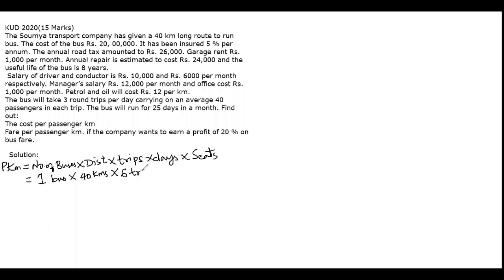That is, if it is 40 kilometers and it runs 3 times, it comes to 6 trips. I have explained it in my last problem. You can take it as 80 kilometers into 3 trips or 40 kilometers into 6 trips. Into number of days is 25 days, into seats was 40 passengers.